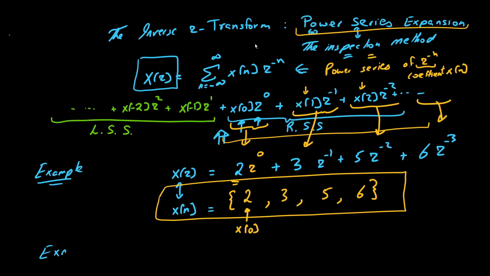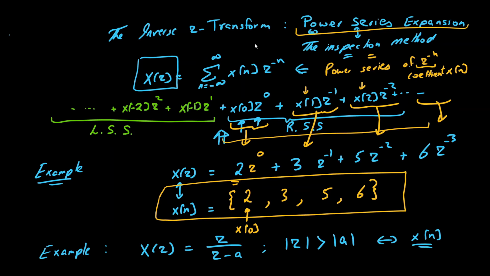This is our new example, and over here we have X(z) which is z over z minus a, and we are saying the absolute value of z is greater than the absolute value of a. Then we are asked to find the inverse Z transform x(n) using power series. As a first step, you can observe that the region of convergence is outward of absolute value of a.